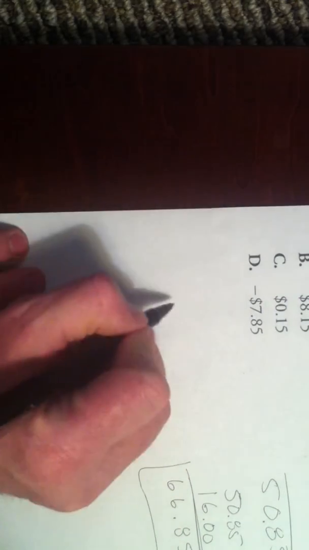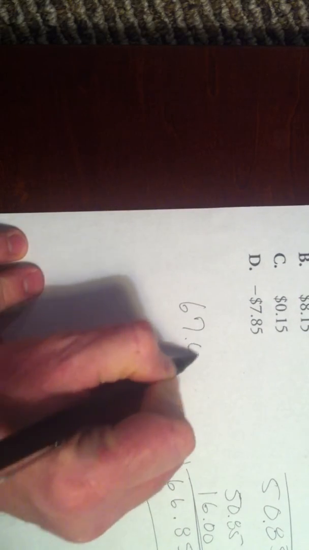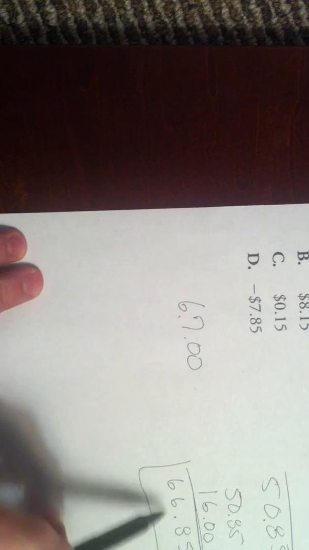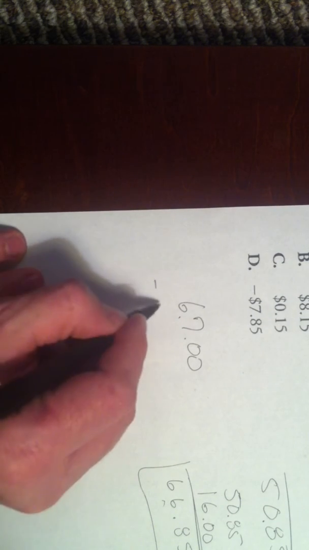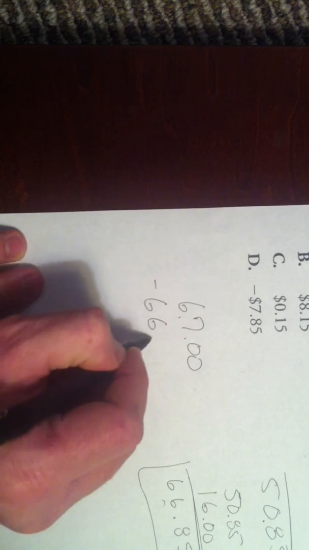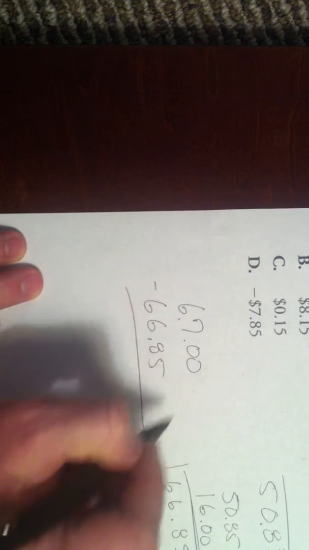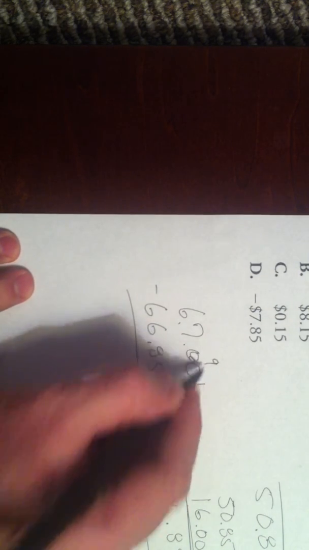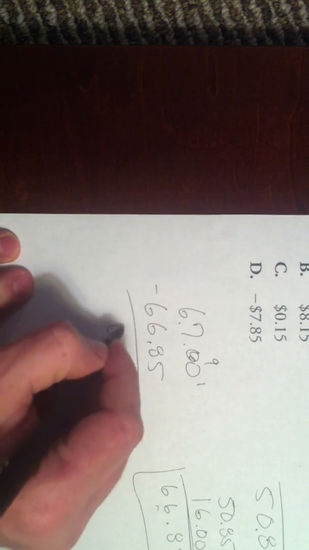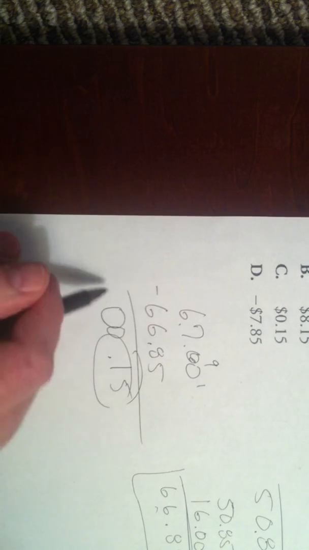Okay. Well, he started out with $67. Well, if you have $67 and you spend $66.85, to find out how much you got left, you just subtract. He's left with a grand total of 15 cents, which is C.